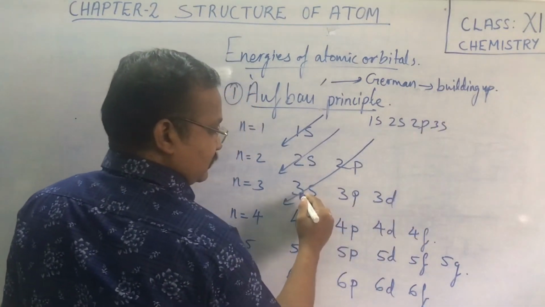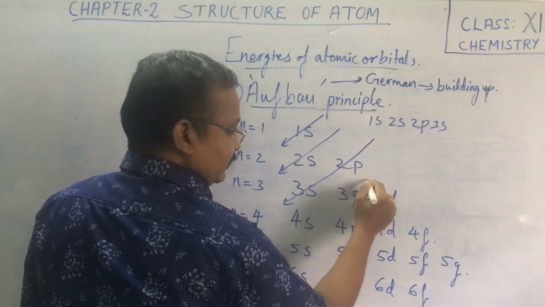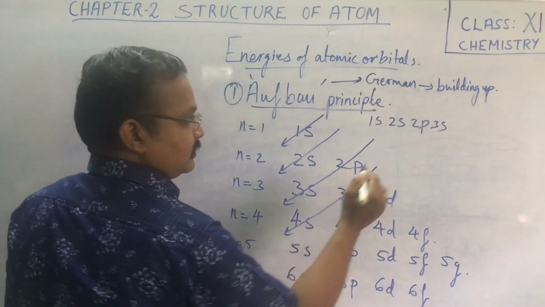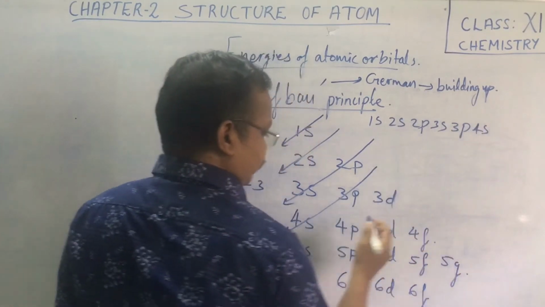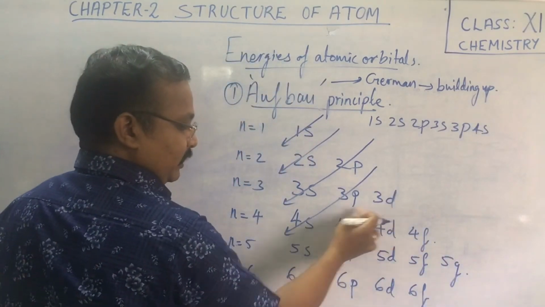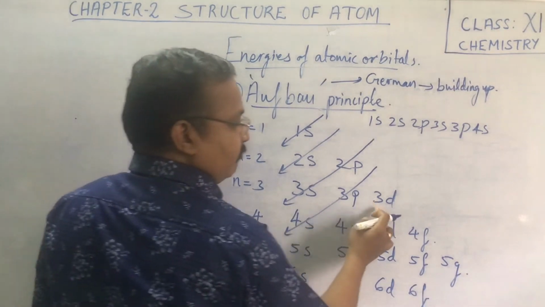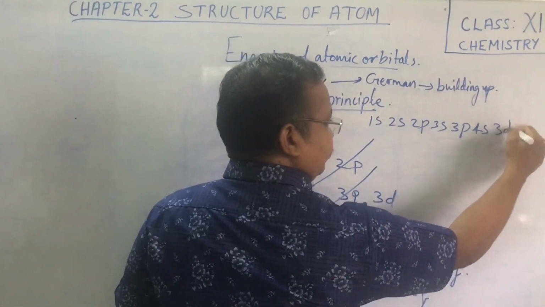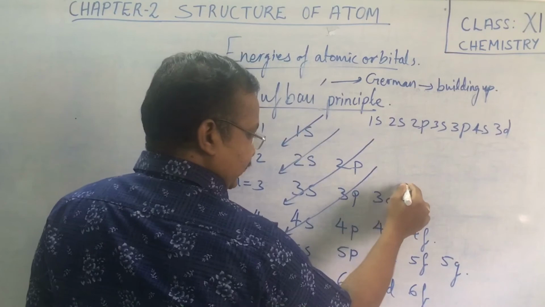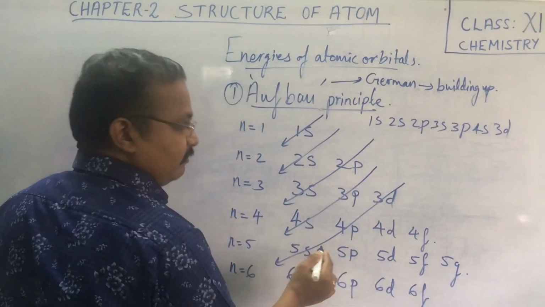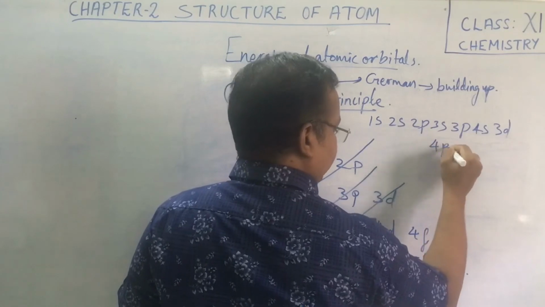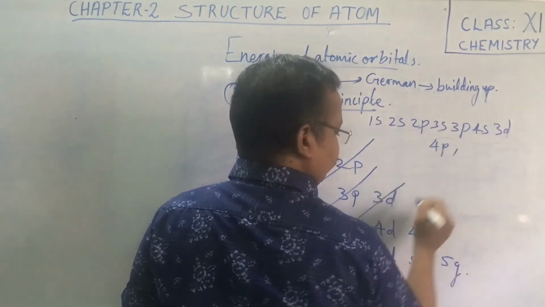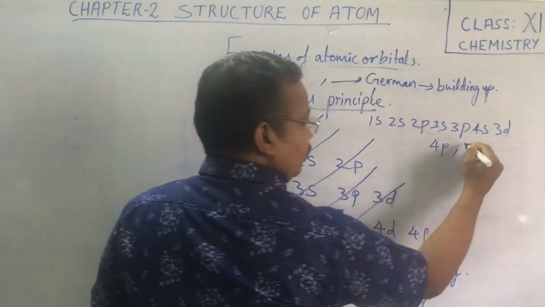After 3s you have to go back to 3p, then 4s. After 3p, 4s you have to fill, not 3d. Okay, after 4s only we will be filling 3d. And after 3d you have to fill 4p, and then not 4d, you have to fill 5s.